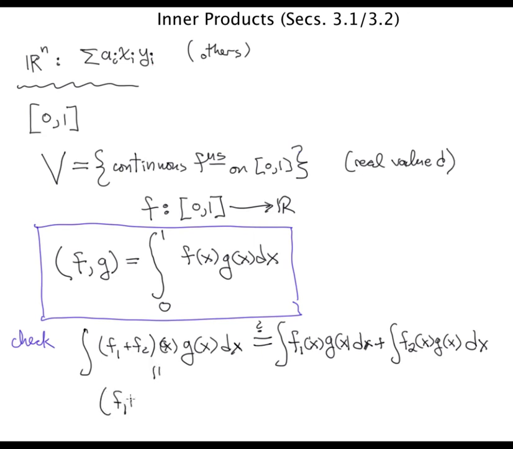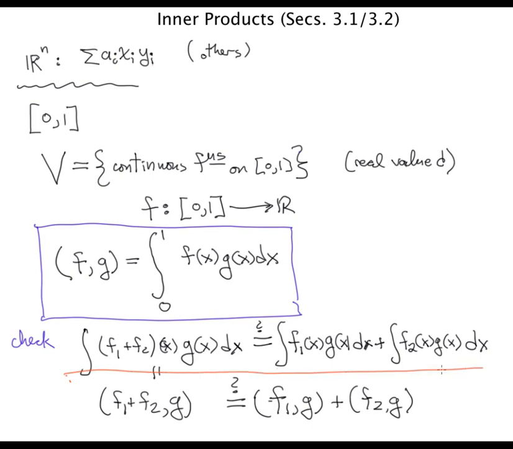Because this is the inner product of f1 plus f2 with g, and that had better be equal to the inner product of f1 with g plus the inner product of f2 with g. So this is one of the properties I need to check. And if I write it out, what I need to check is exactly this identity. And is that true? Well, yes. It's one of the basic properties of integrals.